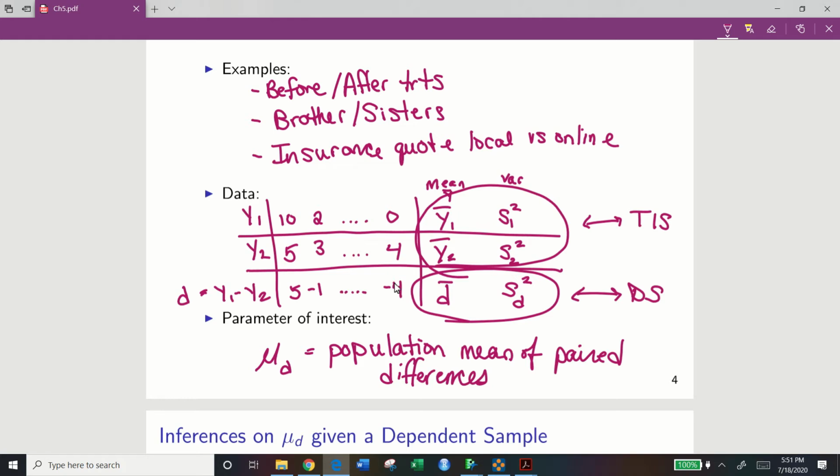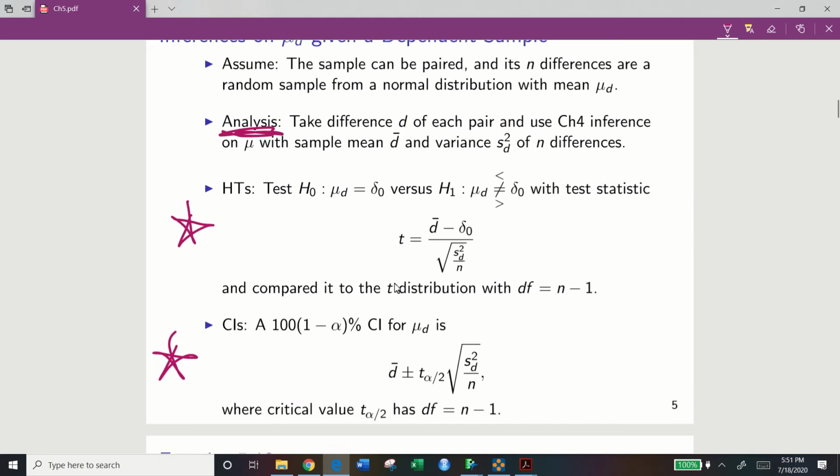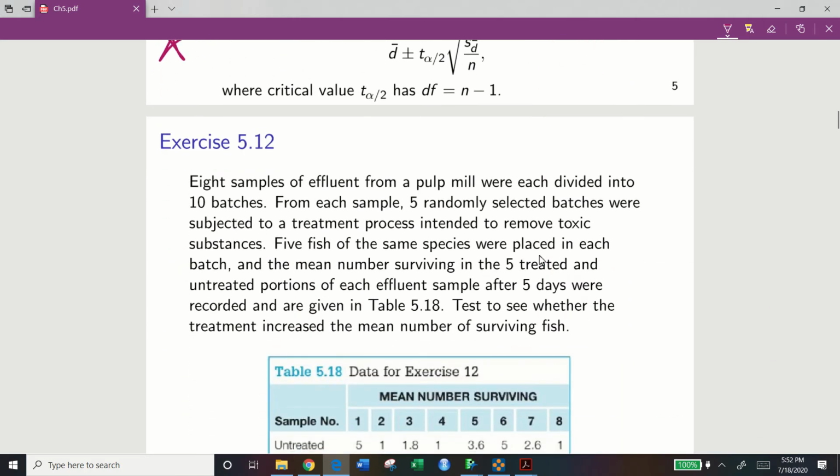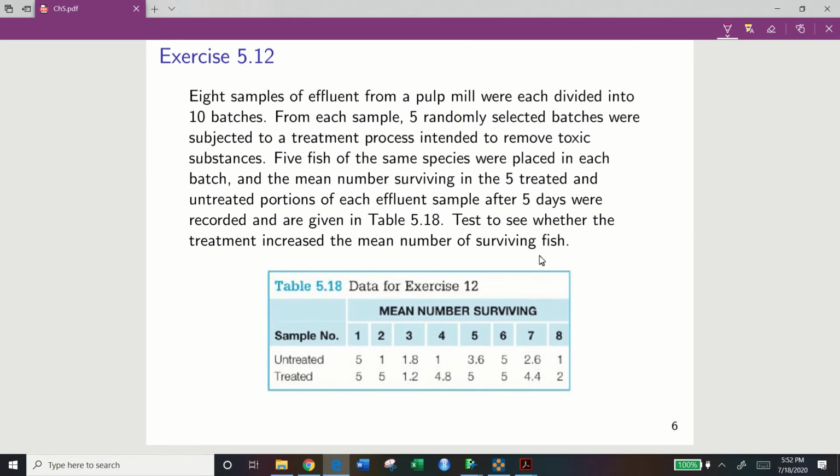And once we have that single sample, we treat it just like we did in chapter 4, with the exception of having d bar instead of y bar and S_d squared instead of S squared. That's the only difference. It's still following the t distribution with degrees of freedom n minus 1, which is why I start with dependent samples, because it's a nice transition between what you did with one sample and what we're now doing with two populations.